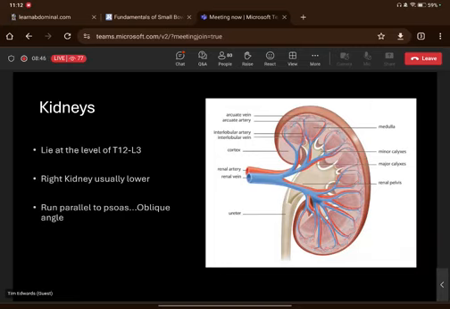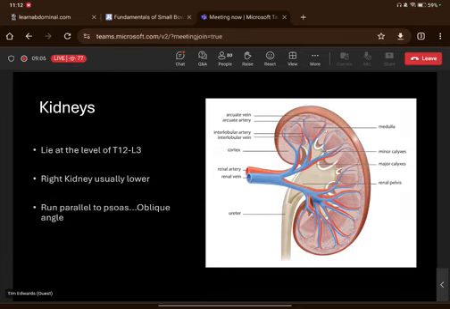Then there are extensions of the cortex that run through the middle and border the medulla of the kidneys. These are called Bertin's columns, and we will look at those on further imaging as we work our way through.